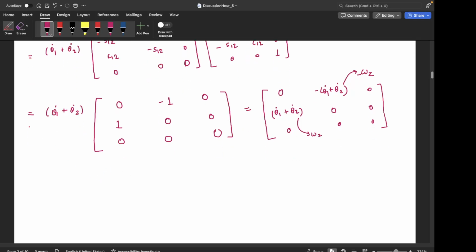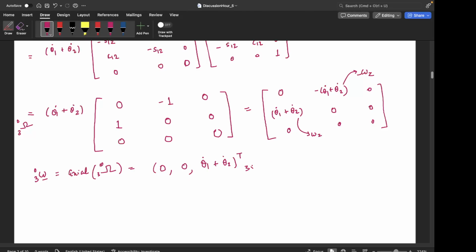So this is our matrix, and the omega 3 0 vector is basically the axial vector of this matrix, and this is basically given as 0 0 and theta 1 dot plus theta 2 dot, transpose.